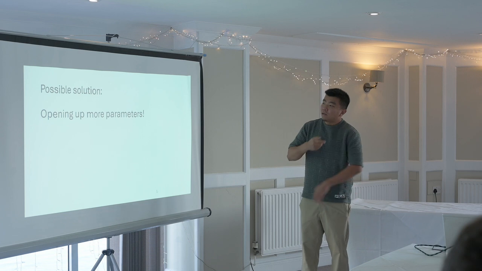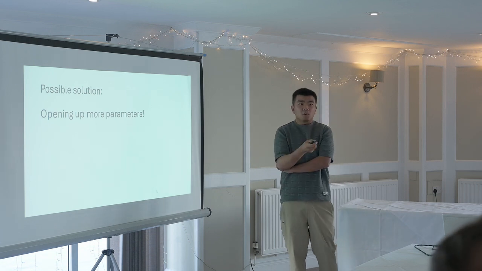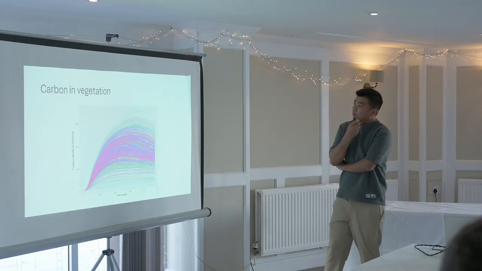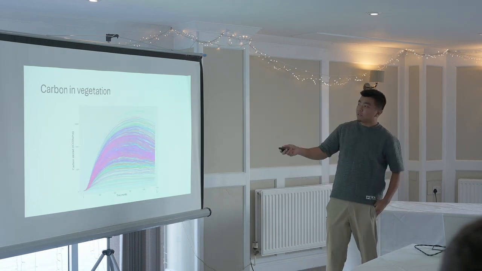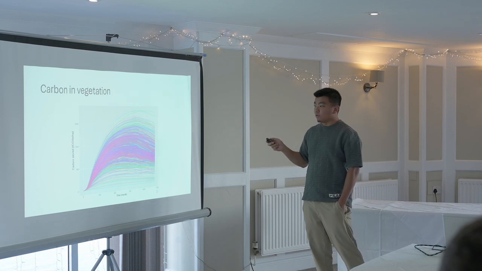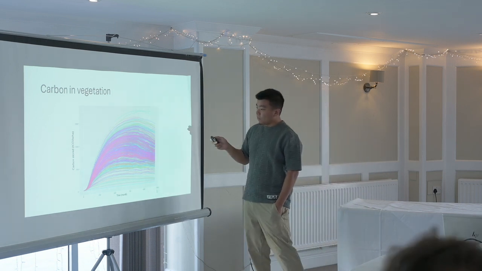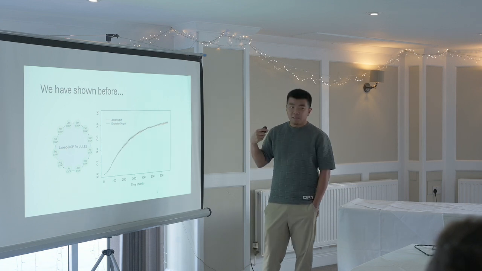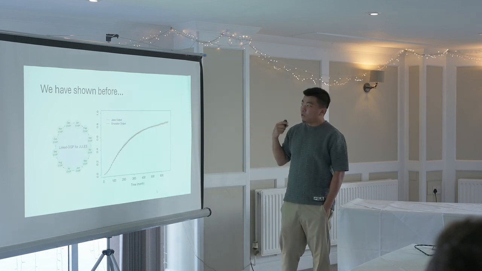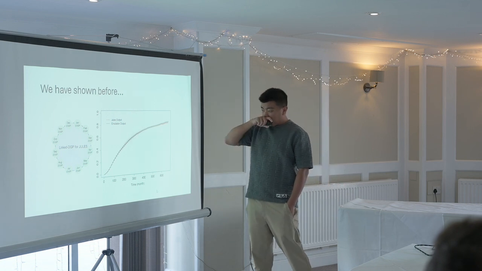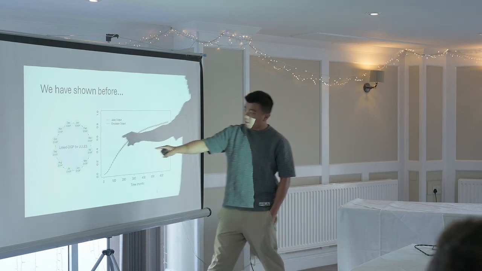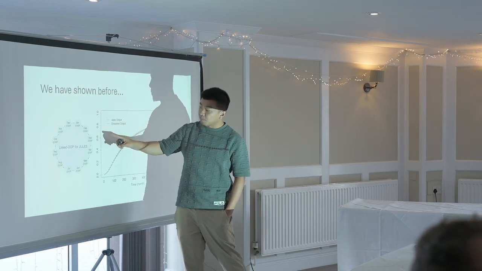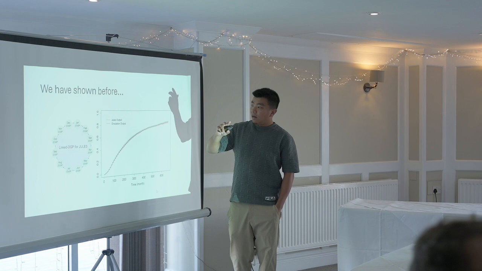So we're thinking about, okay, can we do more than just vegetation carbon? This is how carbon in vegetation looks for Jules. For people who listened to me talking before, we have shown that the emulator at monthly level, the linked emulator here, essentially means we're building a specific emulator for each month-to-month step.